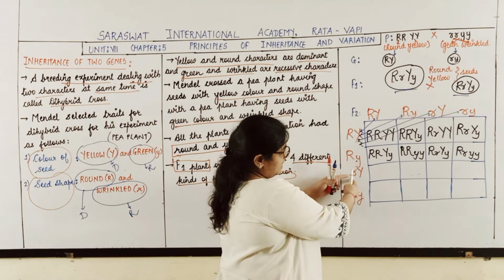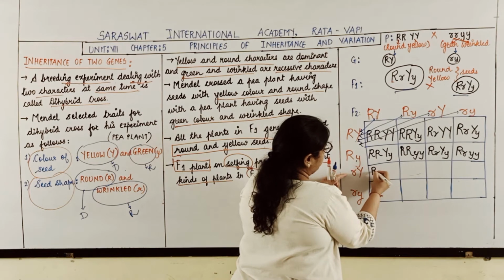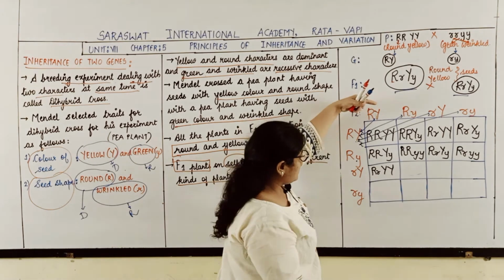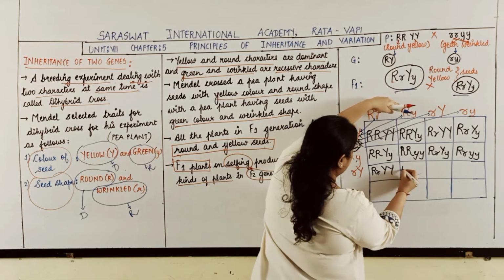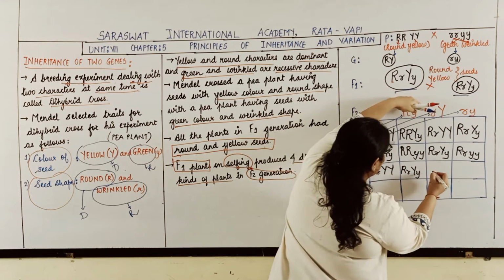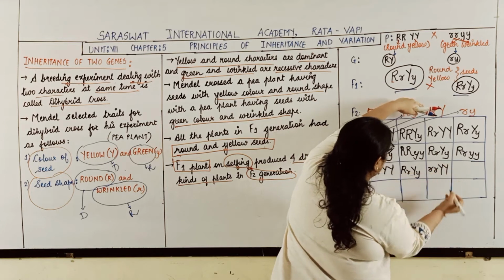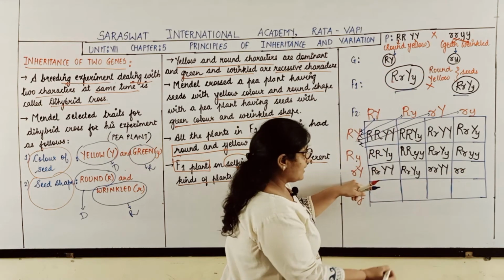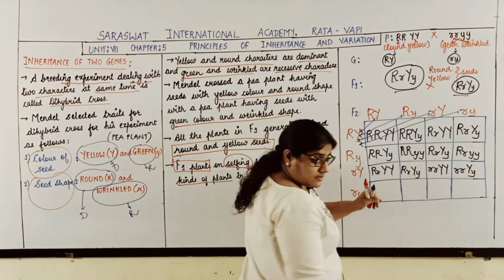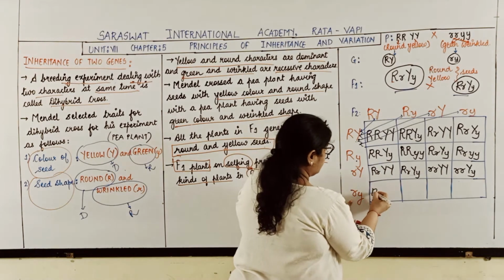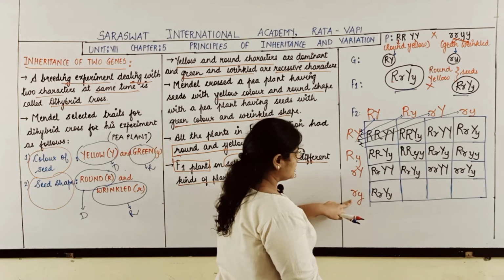Now same way, this with this, we get capital R, small r, capital Y, capital Y. This with this, capital R, small r, capital Y, small y. This with this, small r, small r, capital Y, capital Y. This with this, small r, small r, capital Y, small y.